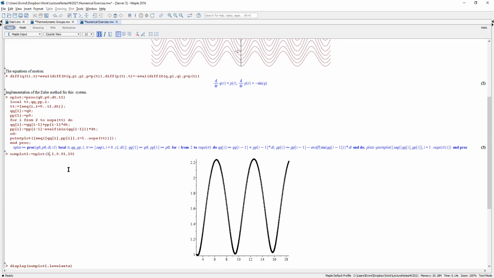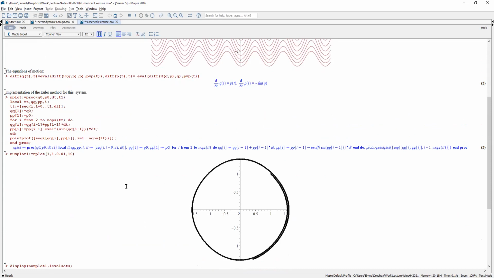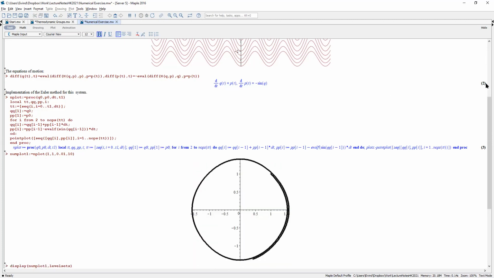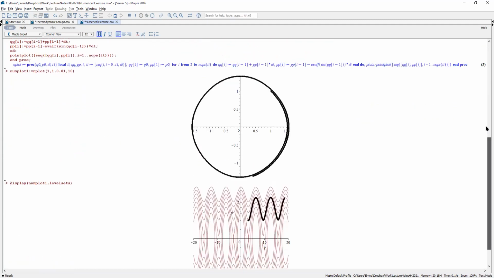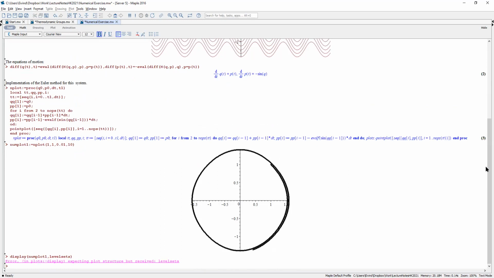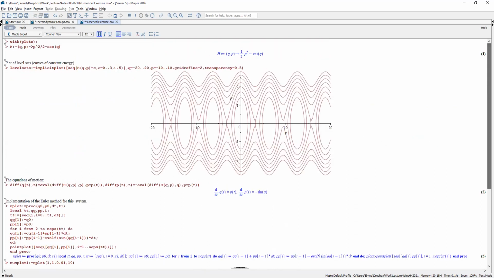If you take 1, 1, for example, it looks like this, and here is the step size. Let's try some different things. And then we try to plot this in the same plot as the level sets, so I need to save this.